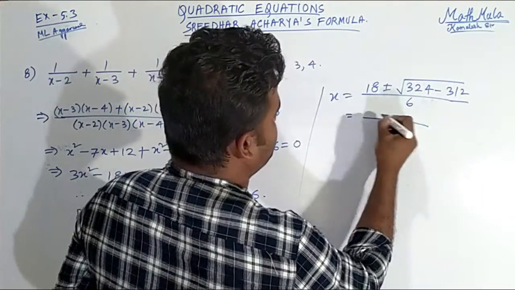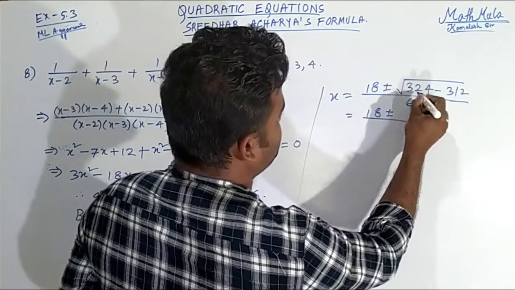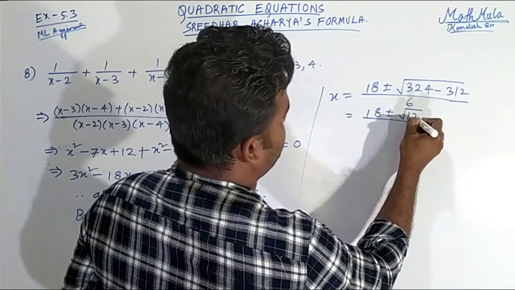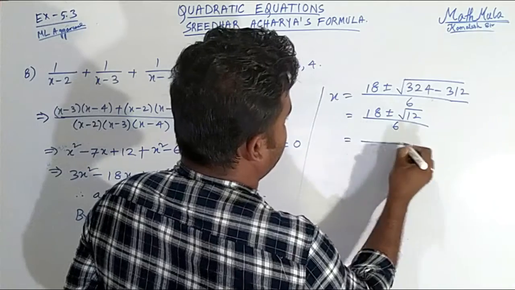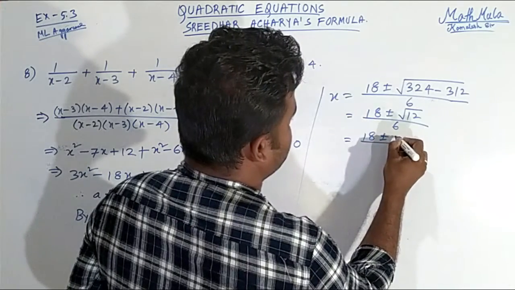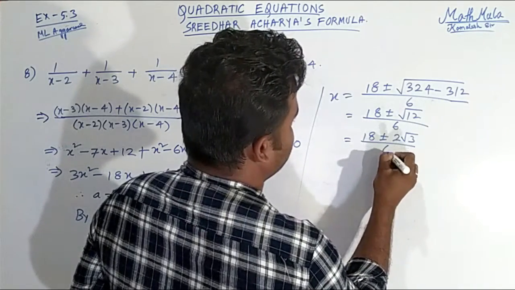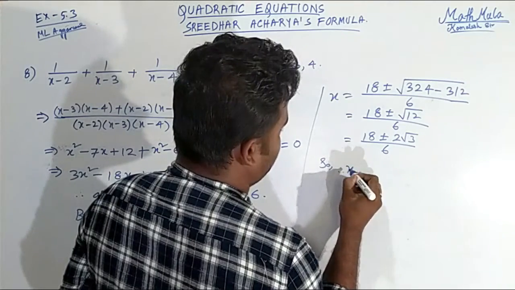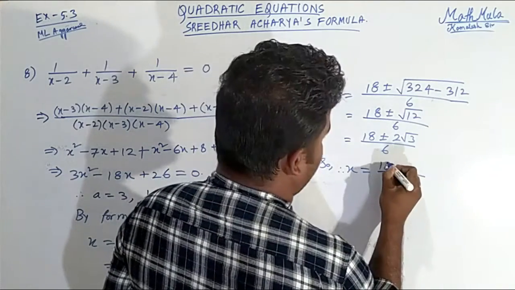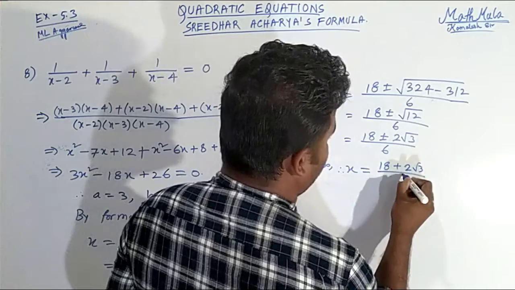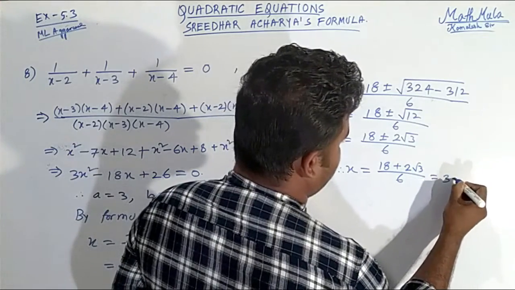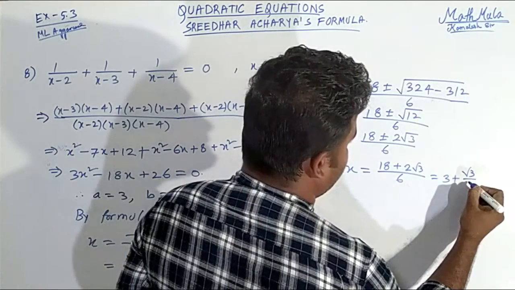Now that implies 18 plus minus root over 12 by 6, that implies 18 plus minus 2 root 3 by 6. So x is equal to (18 plus 2 root 3) by 6. This is equal to (3 plus root 3) by 3.